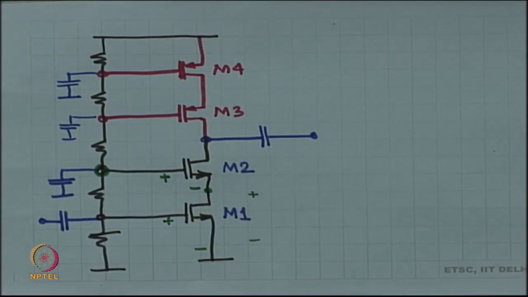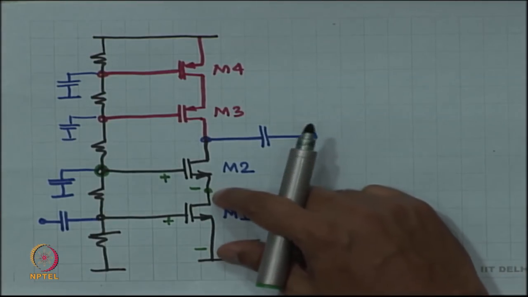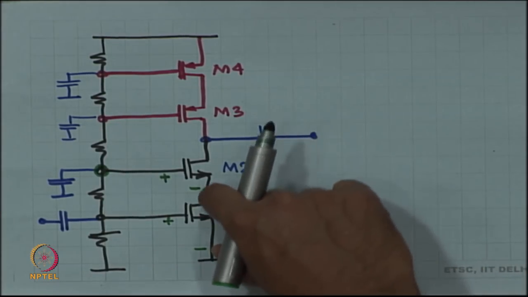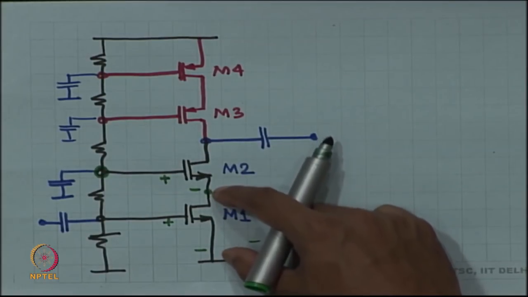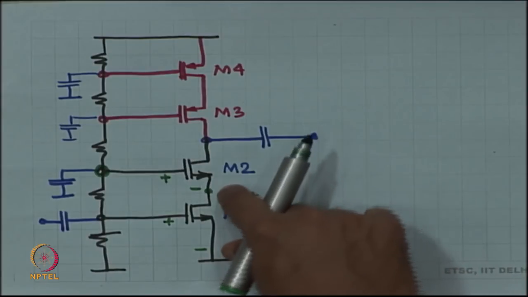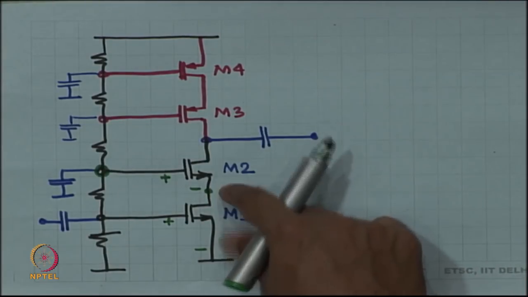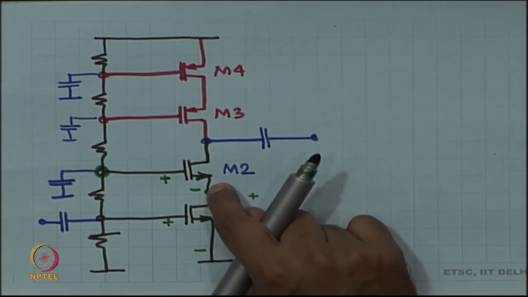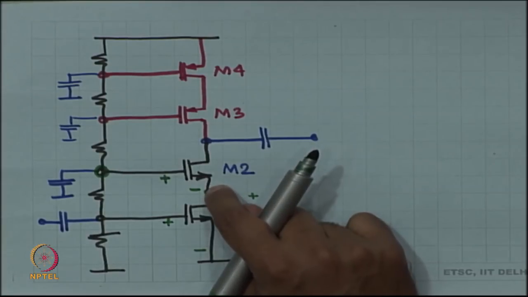There is going to be some swing, a little bit of oscillation around that, but it is not very significant, it is a small signal. So, if I make sure that this VDS is sufficient to maintain M1 in saturation, then that is good enough. This voltage is more or less static.